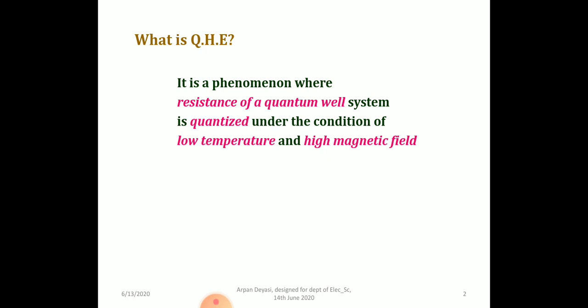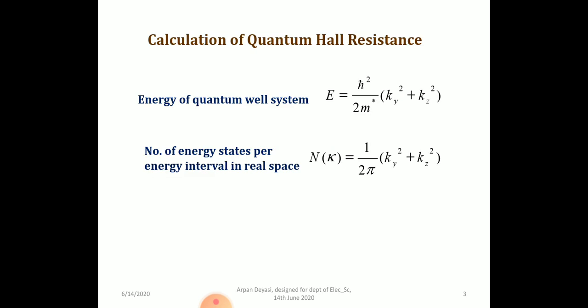So the quantum Hall effect is nothing but the quantization of the Hall resistance under the simultaneous satisfaction of the conditions of lower temperature and higher magnetic field. Let's see how it can be calculated.